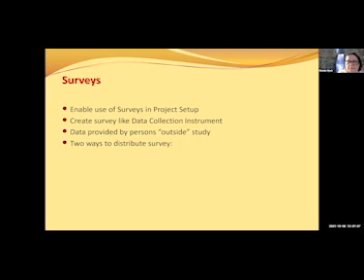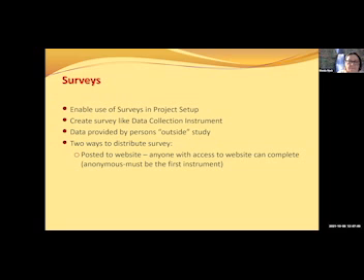There are two primary ways to distribute the survey. One, you can get the link from REDCap, which we'll see in a bit, and post that link, send out a mass email, or put it on a website, or however you can think about sending a link out to people. If you can send a link out to people in one way, then you can distribute the survey that way.